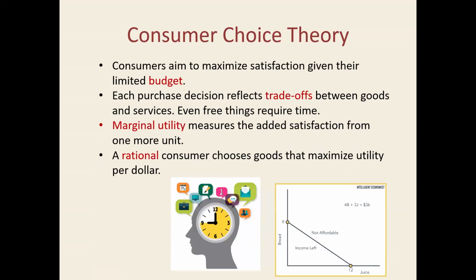If you look at consumer choice theory, there are a few basic premises that economists advocate. One is consumers aim to maximize satisfaction, what economists call utility, given their limited budget. Of course, if we had an unlimited budget, then we could buy just about anything, and we wouldn't have to worry about making these tough choices.